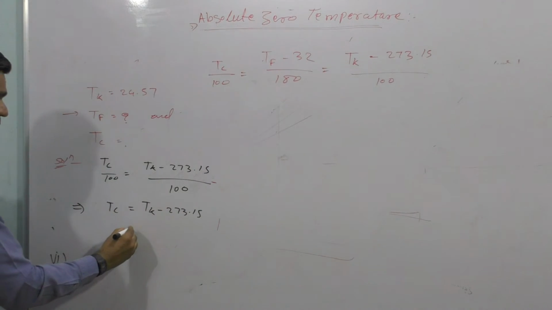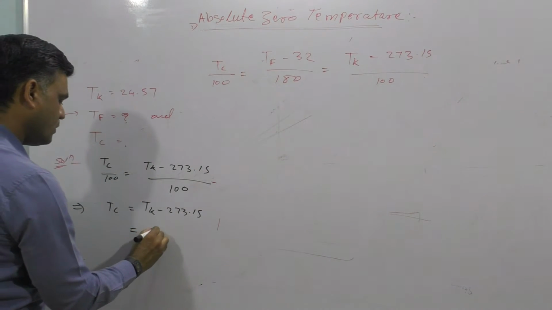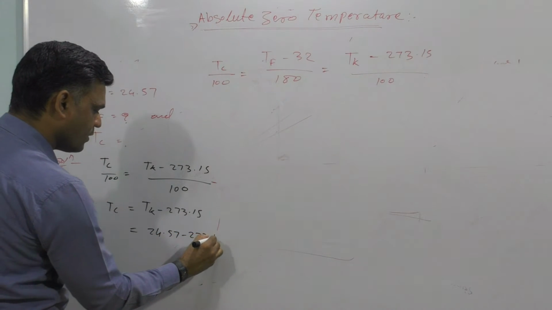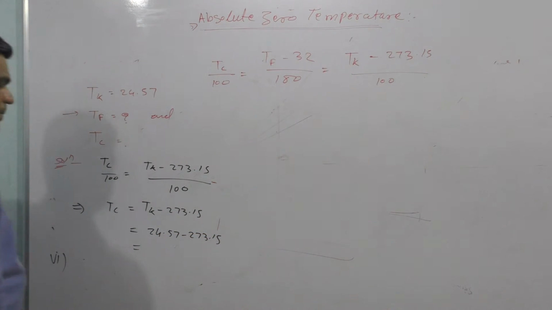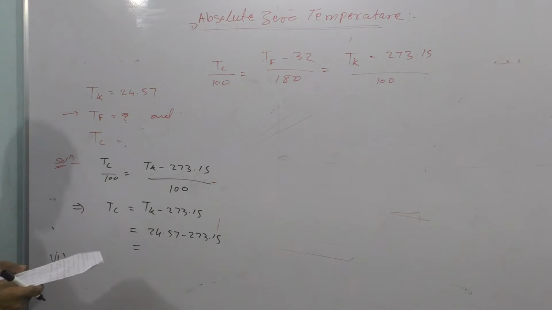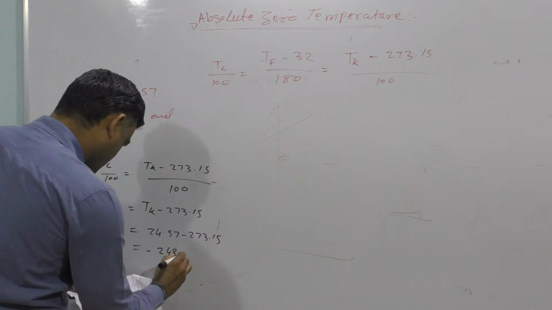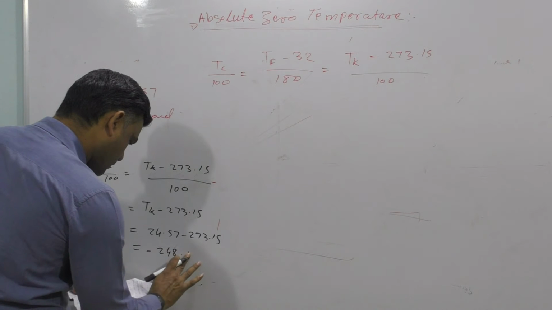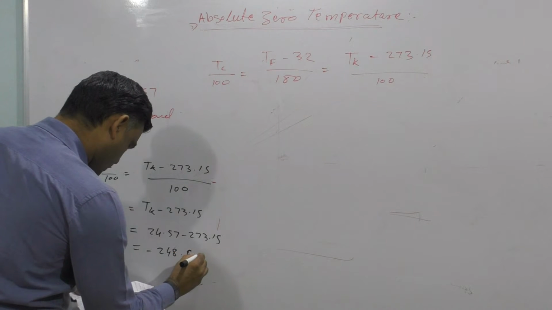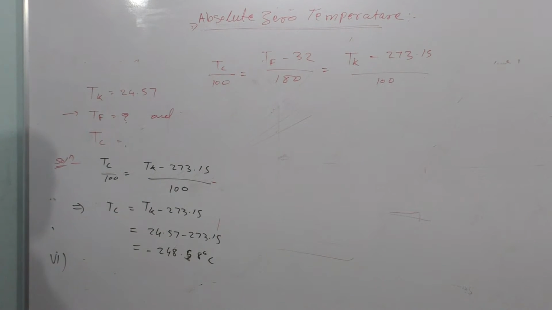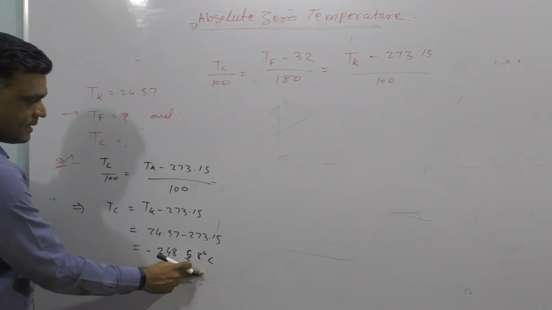So simply I put here the value of Tk, 24.57 minus 273.15. Okay, so if we calculate this simple term, we get minus 248.58 degree Celsius. Now it is in Celsius scale.